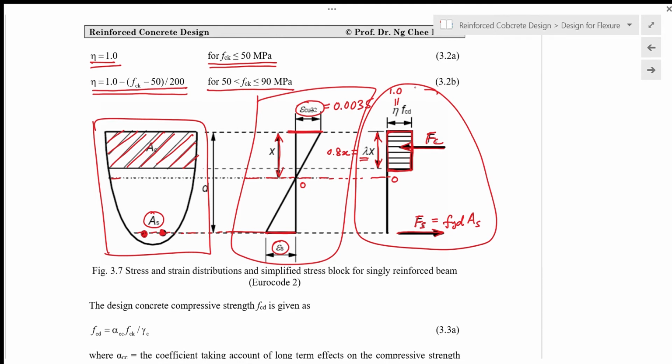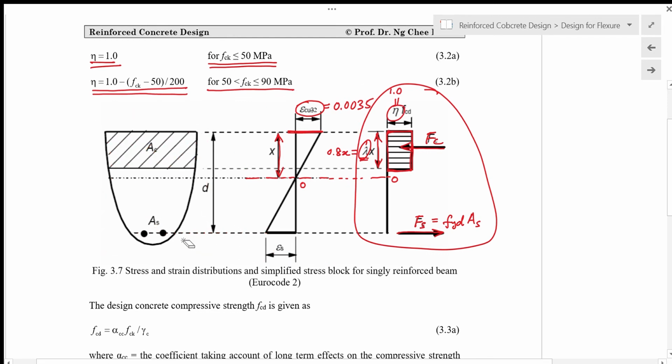So in this course, we will be only looking at concrete characteristic strength of 50 megapascal or less. To derive the equations for concrete more than 50 megapascal is a bit different, because the value for lambda and also the value for eta are different.